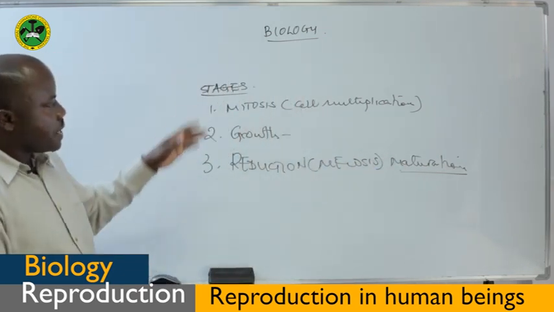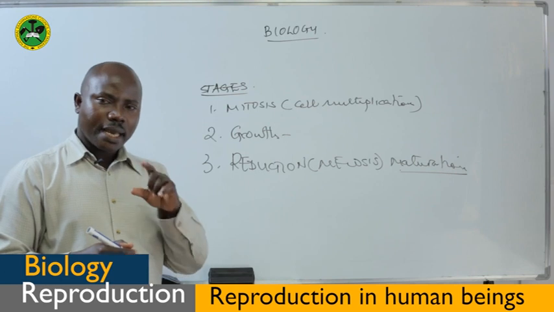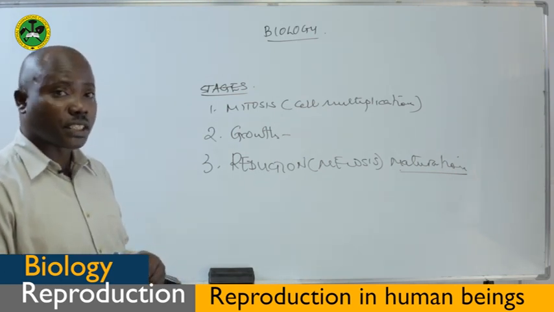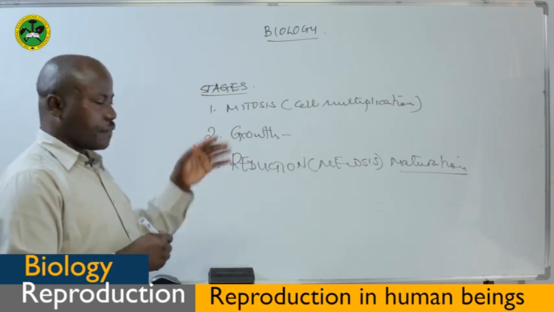These are the three main stages which any gametogenesis in mammals, and in human beings in particular, must follow.